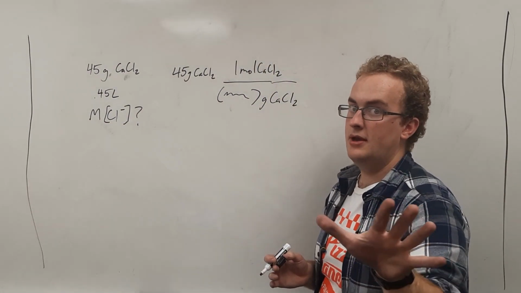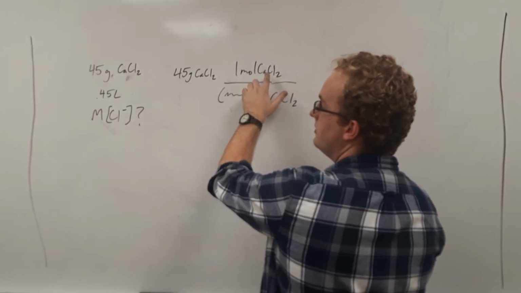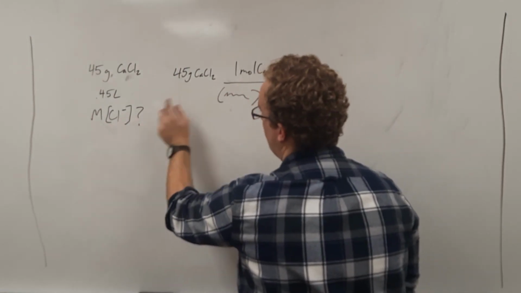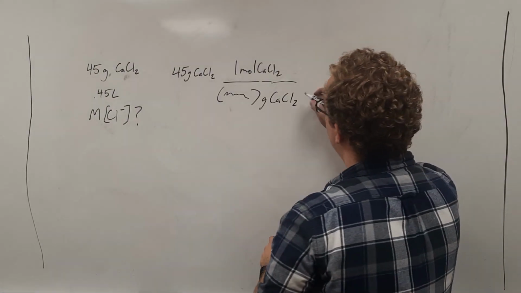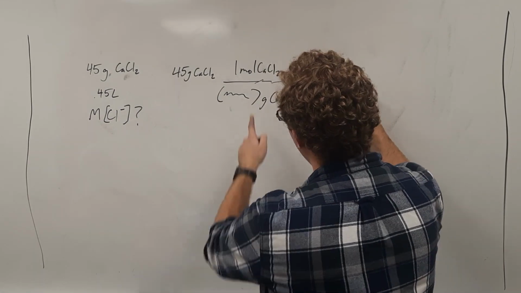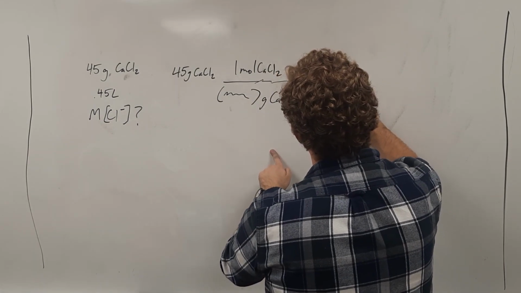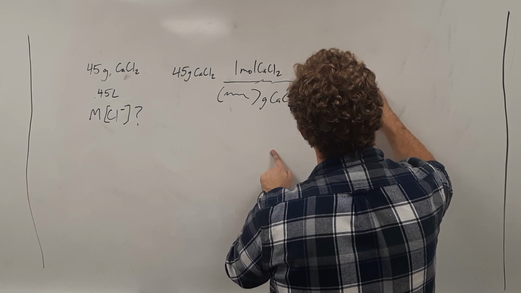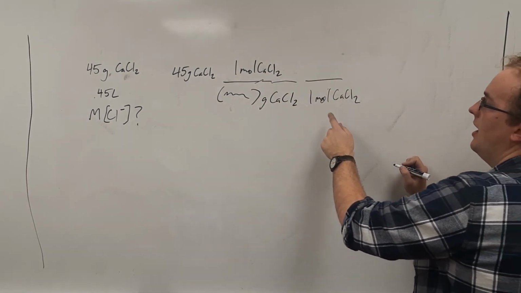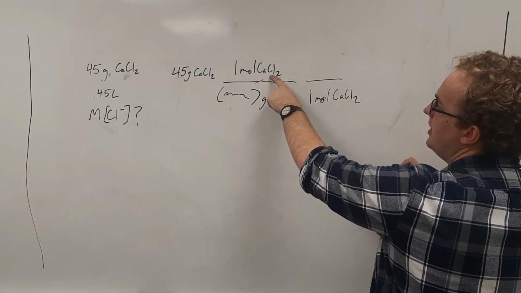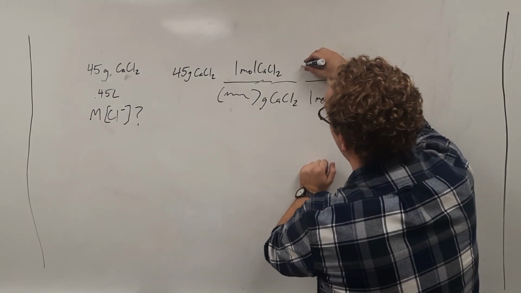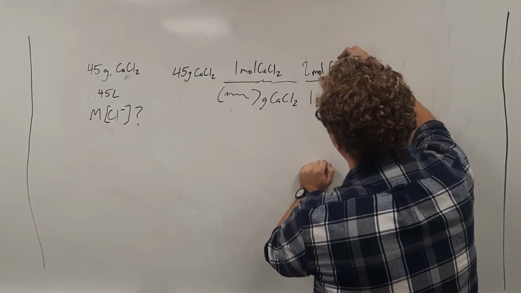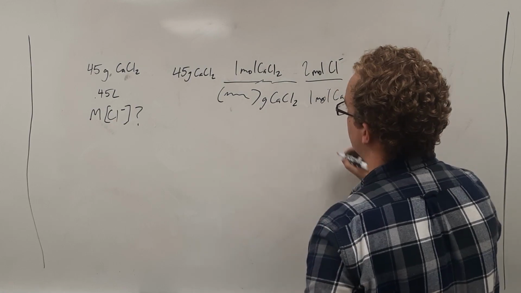No, we're not. We need to see how many moles of Cl minus ions I make per mole of this. So I'll think in 1 mole of calcium chloride, I have 2 Cl minus ions. So I have 2 moles of Cl minus ions.